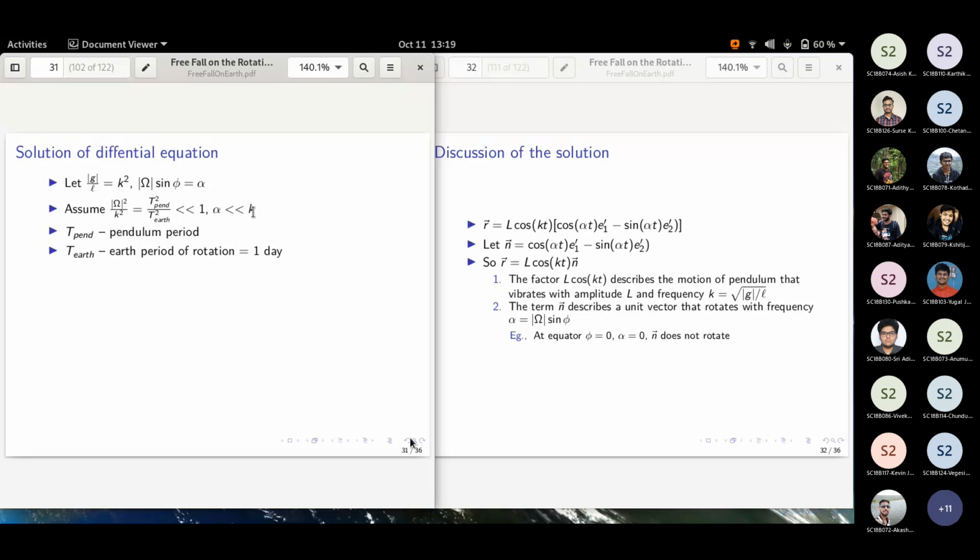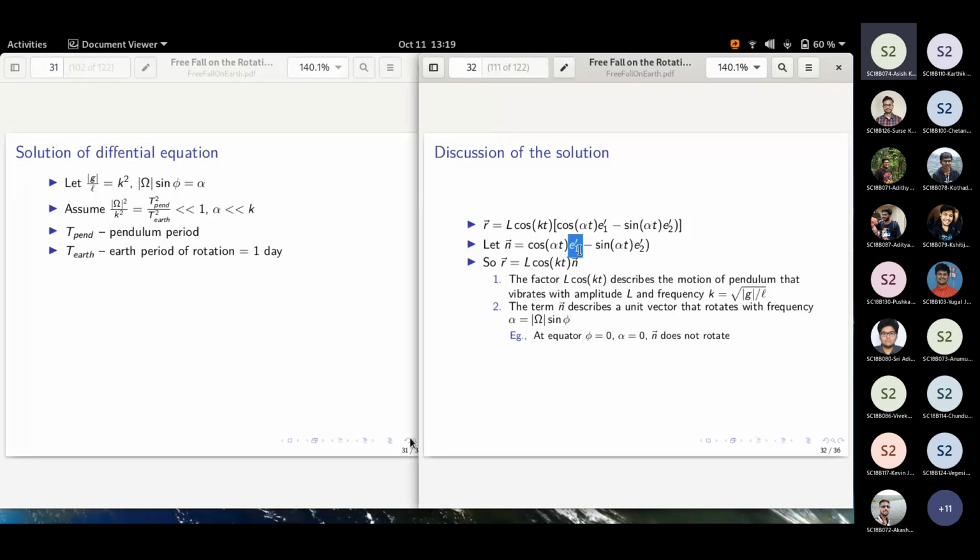That means the oscillations of K are faster. So N is initially oscillating only along X and minus X. Right? Z is not there, we have assumed no movement. So X and minus X only. It simply oscillates along the X and minus X.